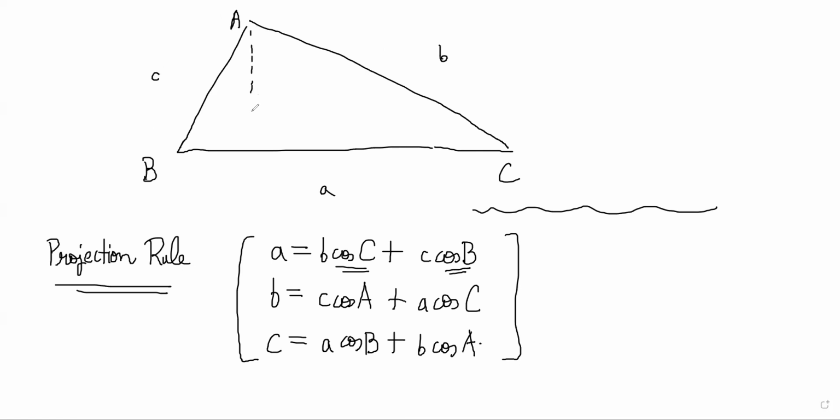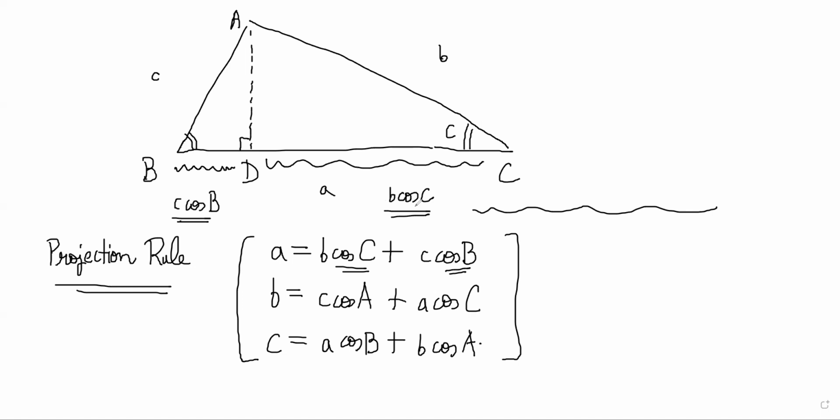If I drop a perpendicular to D, it is obvious that this angle was B. So what is this length? This much is c cos B, right? And similarly, in the other triangle ADC, this angle is C. So what is this much? So b cos C. So it is obvious that c cos B plus b cos C is equal to a, right?